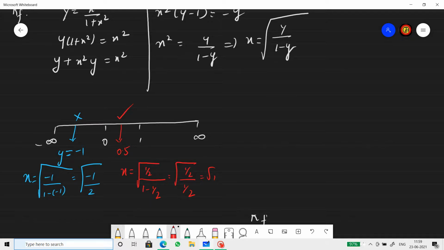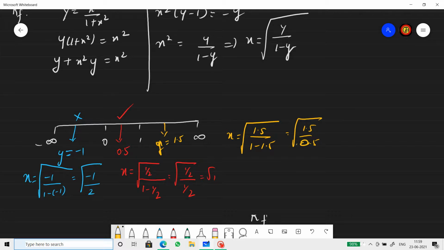Then let's go for any random value between 1 to infinity. Say you're going for y equal to 1.5. What do you get? x is equal to root over 1.5 by 1 minus 1.5. The numerator is positive, the denominator will be negative, minus 0.5, isn't it?